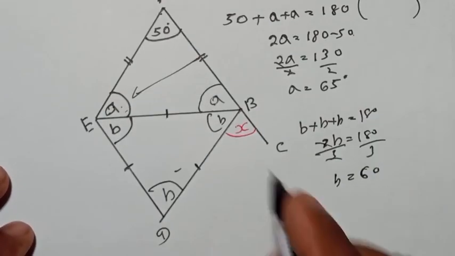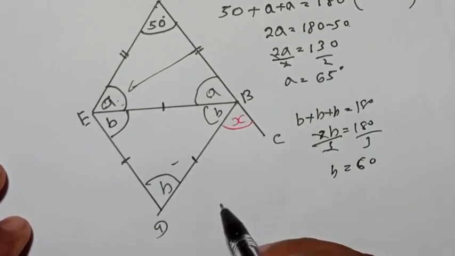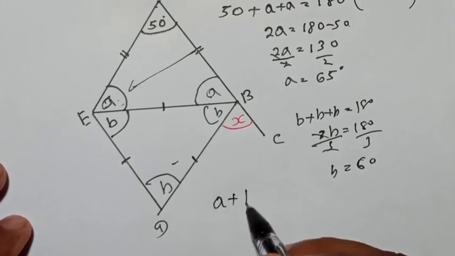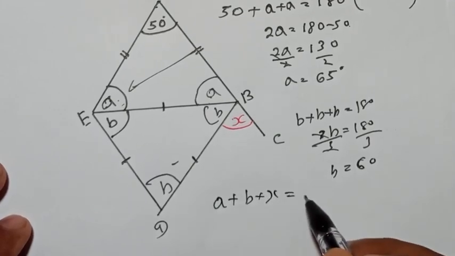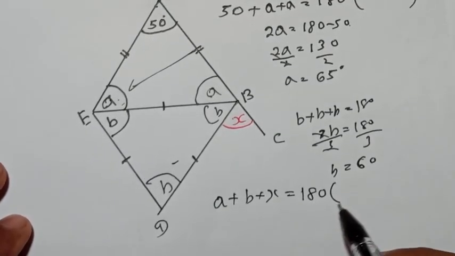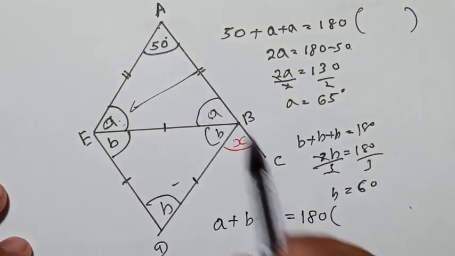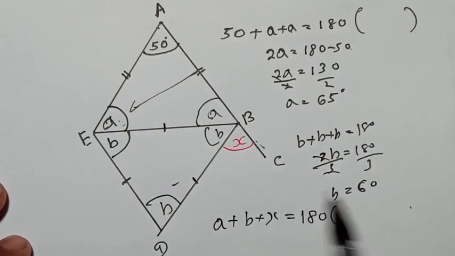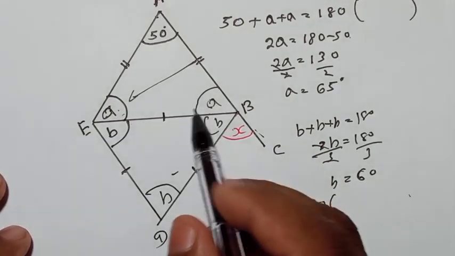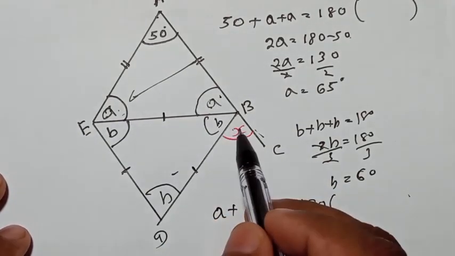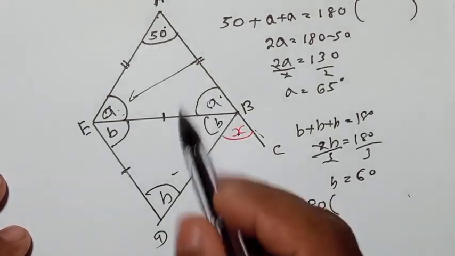Okay, then you can find X. You can write it this way: A plus B plus X equals 180. What is the reason here? Angles on a straight line, because they tell us ABC is a straight line. So this angle plus this angle plus this angle should be 180.